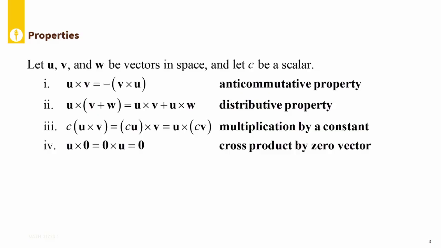If you cross a vector with the zero vector, the result is the zero vector. Cross a vector with itself, you get the zero vector.